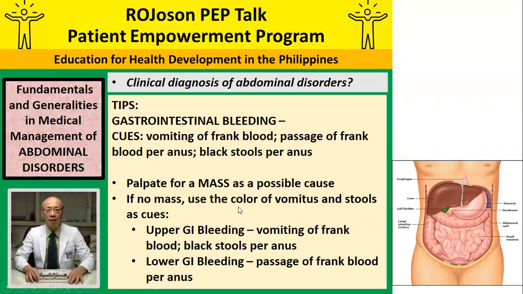If no mass, use the color of the vomitus and stools as cues, whether it's upper or lower GI bleeding. Upper GI bleeding usually have vomiting of frank blood and black stools per anus. In lower GI bleeding, there's passage of frank blood per anus.